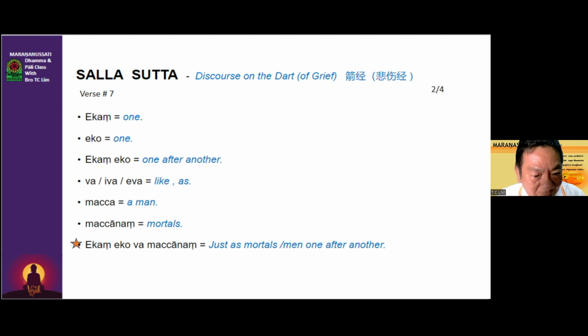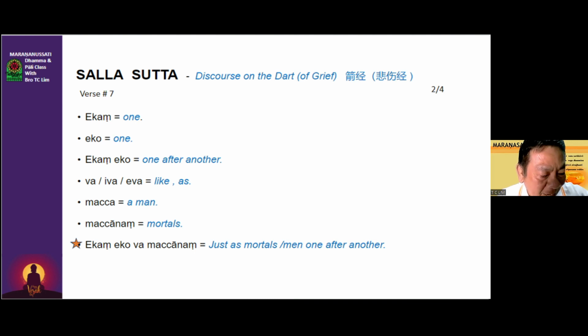Ekang eko means one after one, means one after another. Ver, either or ever, like as. Macha is a man. Machanang is mortals. Ekang eko va machanang. Just as mortals or just as men, one after another.